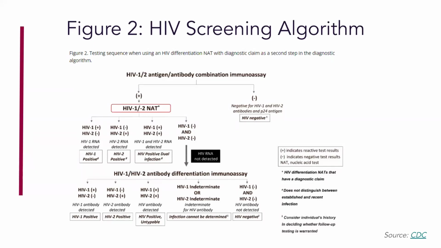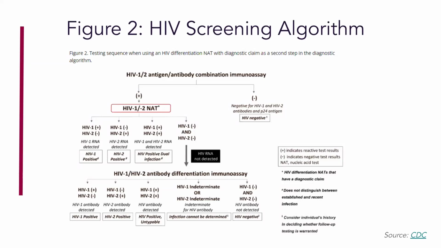For this particular one, after you do the NAT test, then the next test is the antibody, because what the NAT tells you is that there's a virus present, but you don't know how long the individual has been infected. So if the NAT test is positive and the antibody test is negative, then that individual is acutely infected and has been infected for less than 4 to 6 weeks.